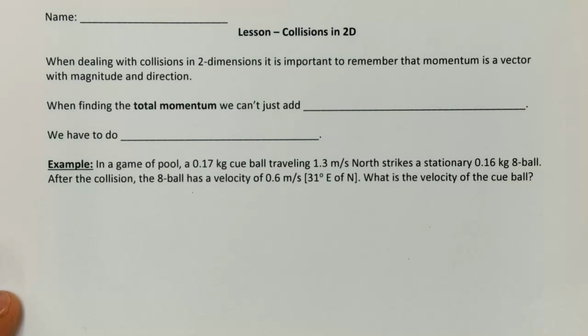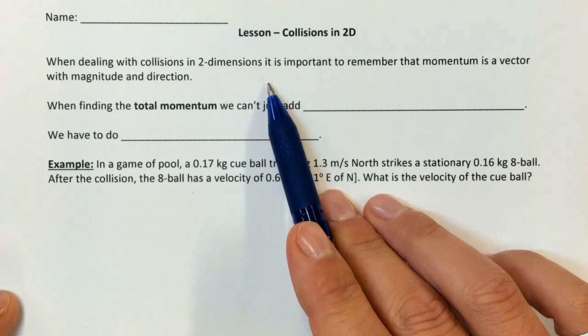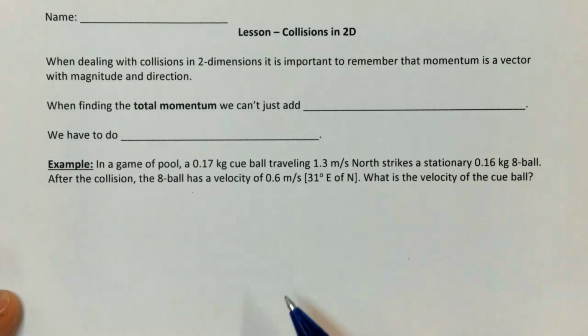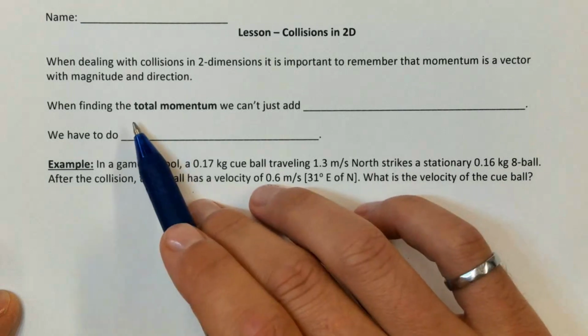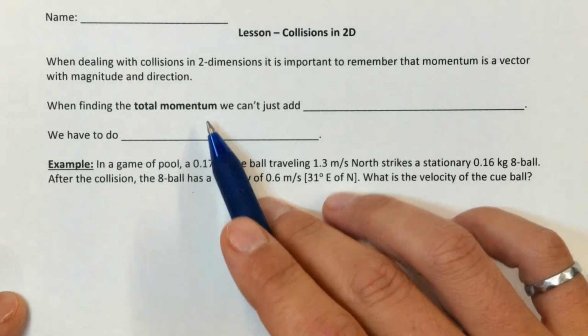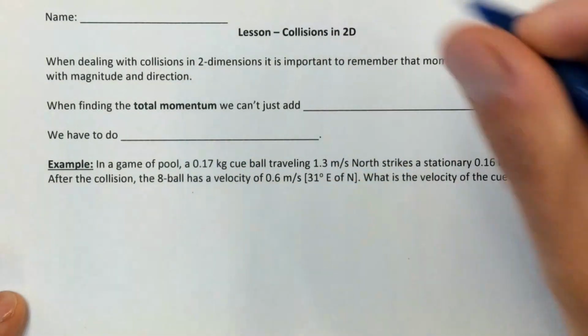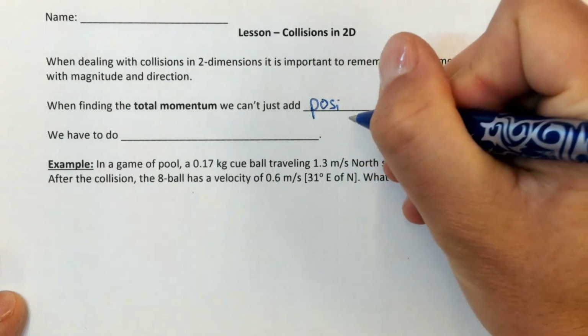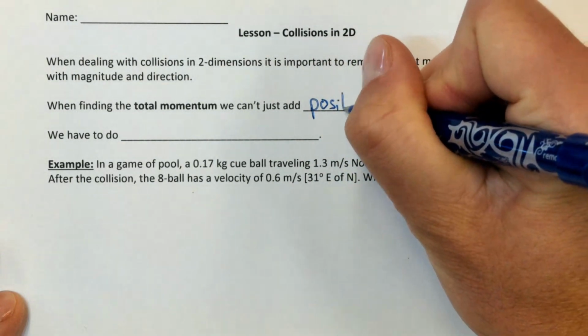So the key thing to remember here is when dealing with collisions in two dimensions, it's important to remember that momentum is a vector with magnitude and direction. So when finding the total momentum, as the law of conservation of momentum requires, we're no longer just adding positive and negative numbers, as we did with 1D momentum problems.